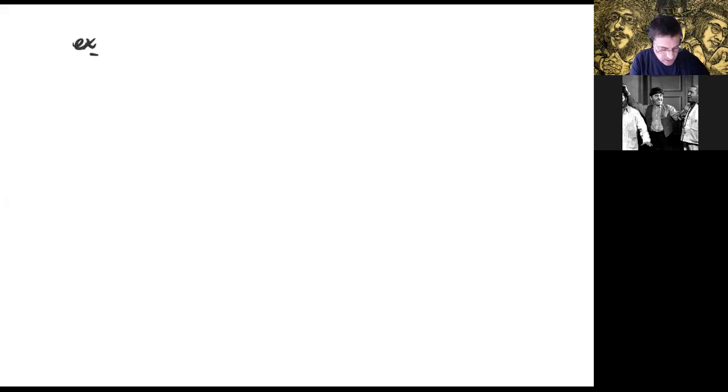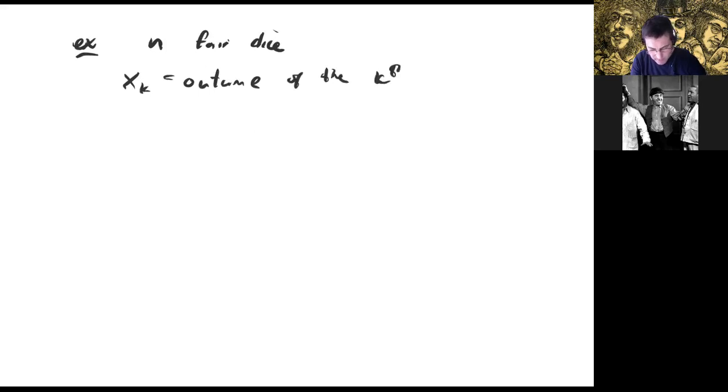So here's an example. Suppose we have n fair dice. So let Xk be the outcome of the kth die after tossing the dice. Then the expected value of the sum of all the Xk's, k goes from 1 to n, is the sum over k of the expected value of Xk.